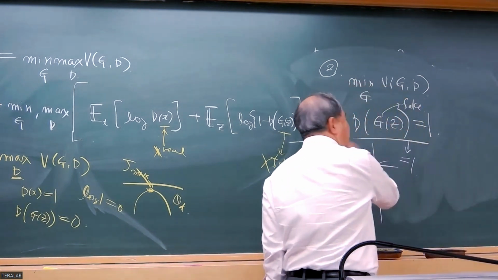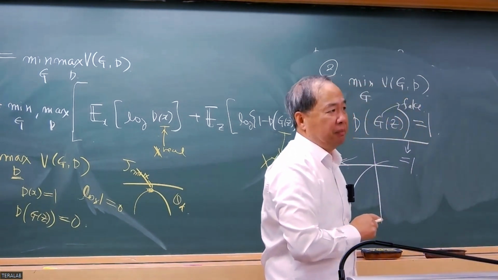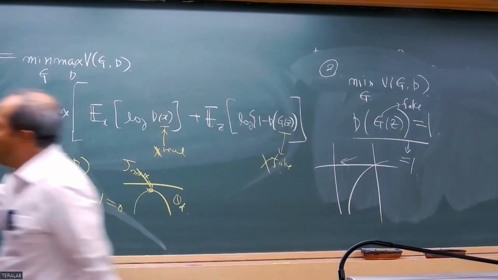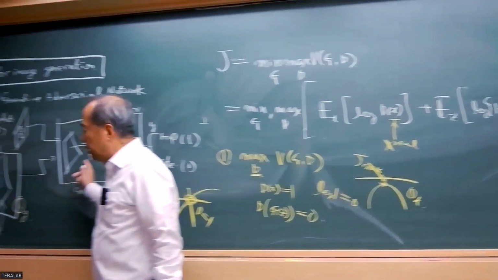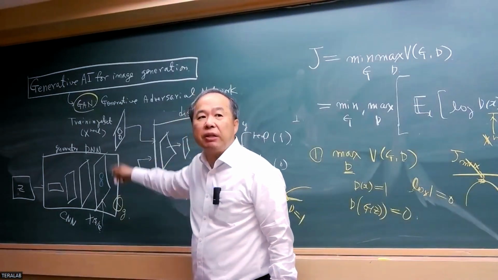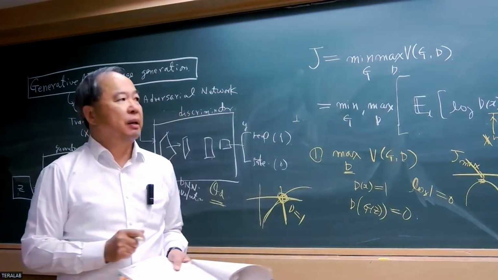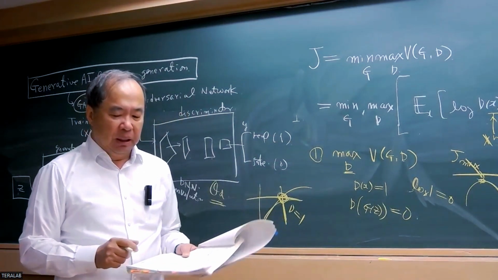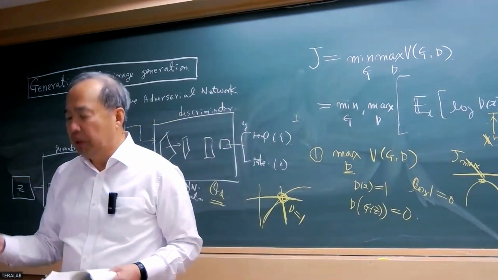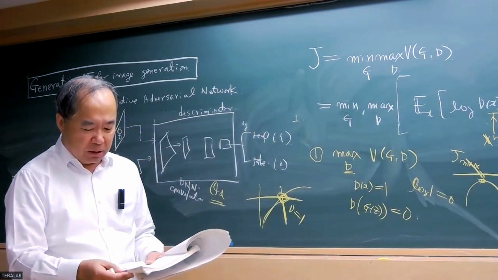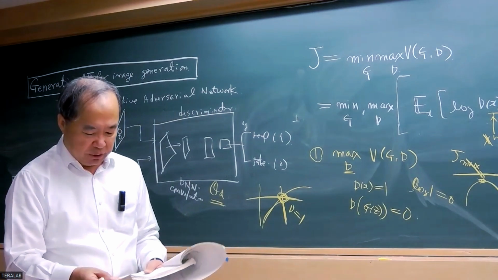So this is a kind of fake action of generator. Generator wants to make a fake action. Discriminator wants to know whether it is fake or real. They are fighting each other. This is the main principle of the learning process of generative adversarial network.